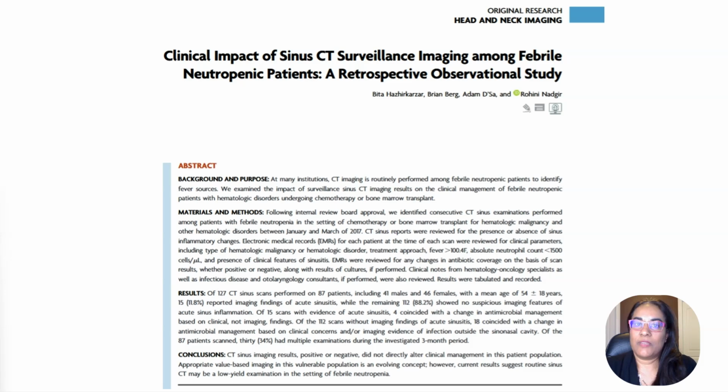In this particular patient population, that can be very devastating, with a high morbidity and mortality. So when we're talking about febrile neutropenia, we're talking about this particular patient cohort and trying to figure out the best way to manage the fever and minimize the risks of the potential infection.